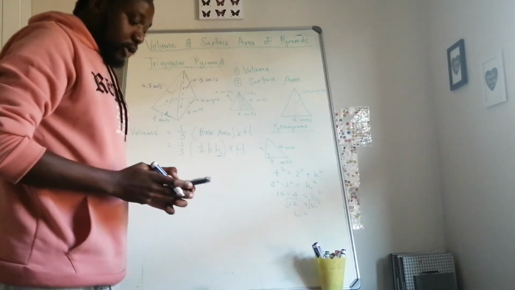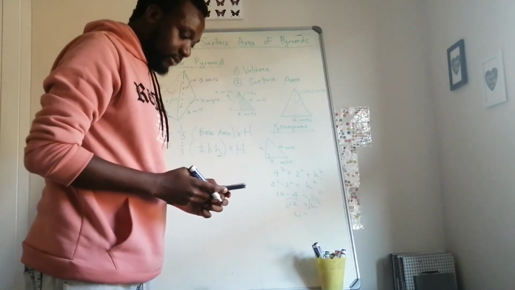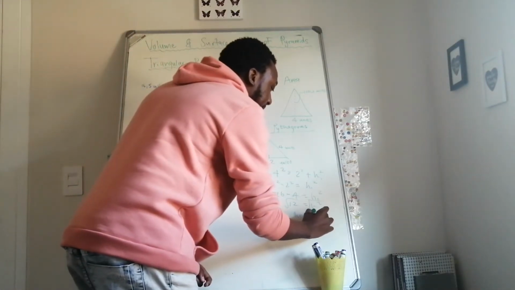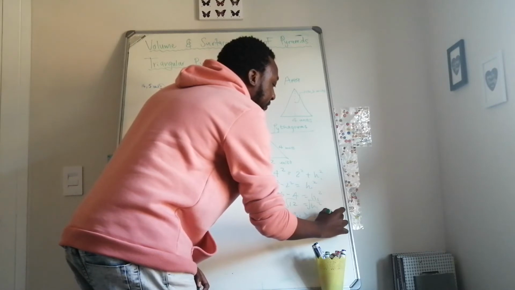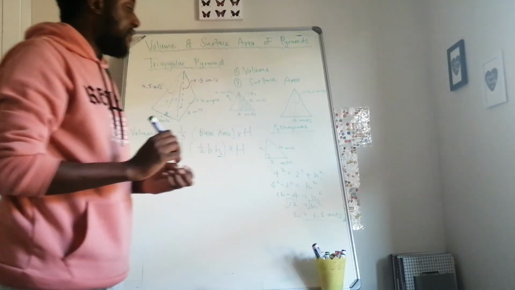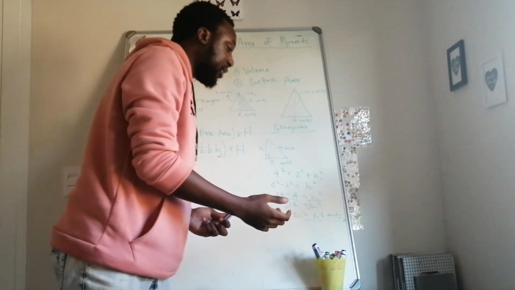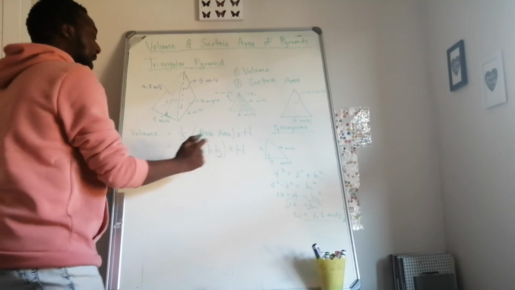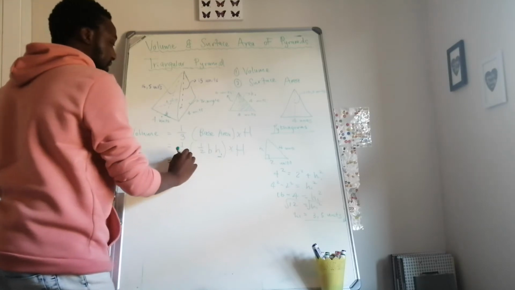What is the square root of 12? It's 3.5 units. So we have h1 now. We solved for h1, and now we're going to apply it in the volume formula.